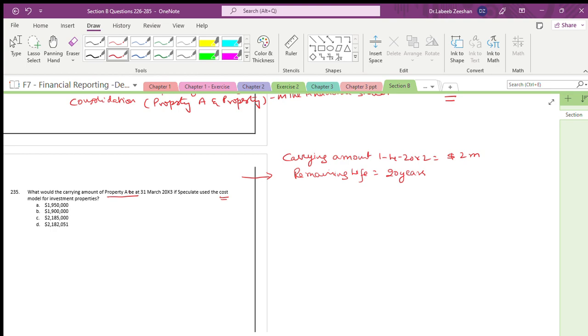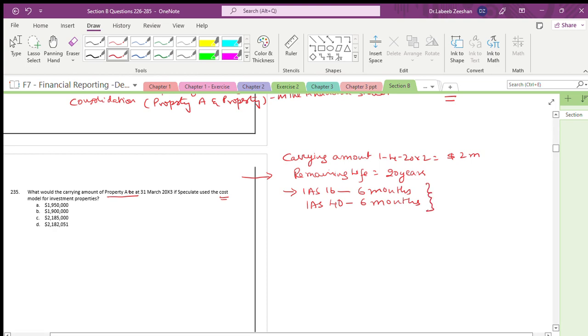What is the most important thing? IAS 16 for 6 months. IAS 40 for how many months? 6 months. Is it right?